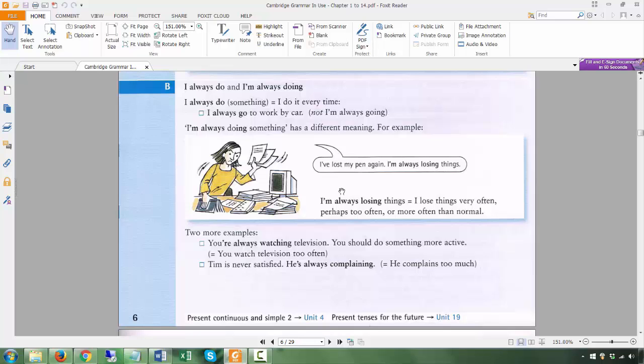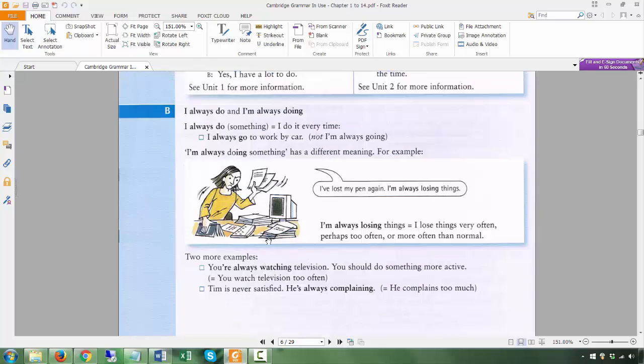All right, so if your colleague comes to work at 9 o'clock, whereas he should be coming at 8:30, you could complain to your boss, or to another colleague, and say, "Oh, he's always coming to work at 9 o'clock." Okay, so it's a kind of negative thing, he's doing something very often, too often. It's kind of like complaining. All right.